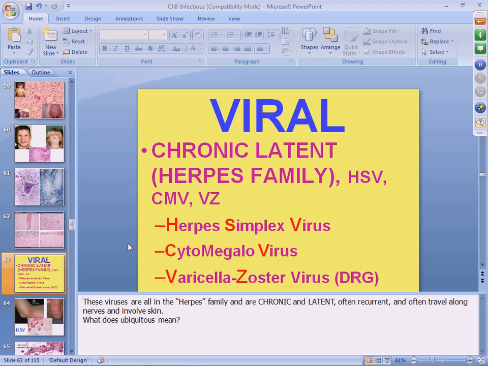So let's go through the classical HSV, herpes simplex virus, CMV, also in the herpes family, and the varicella zoster virus. I put DRG there because it reminded me to tell you that one of the places this virus loves to hang out is in dorsal root ganglion.